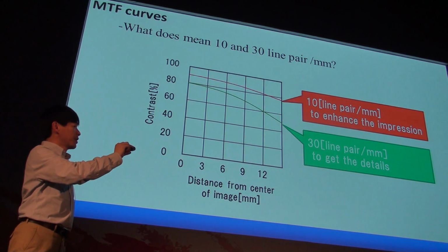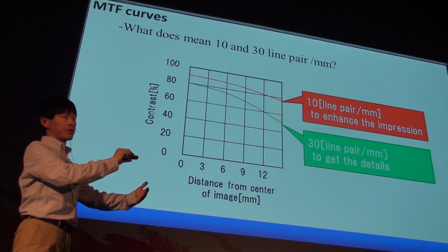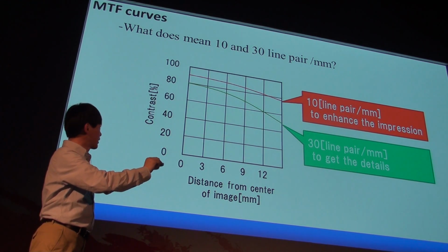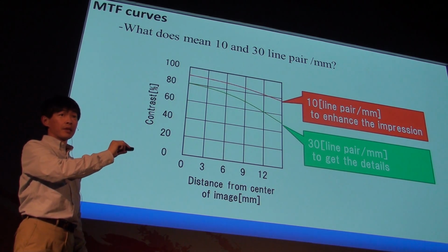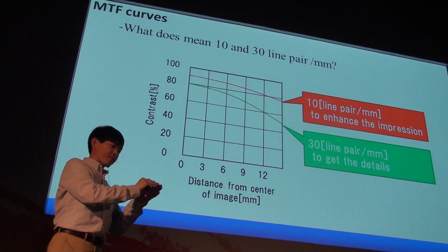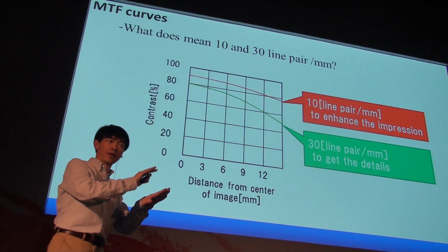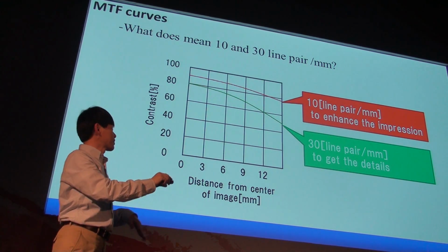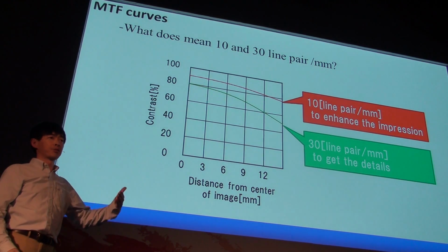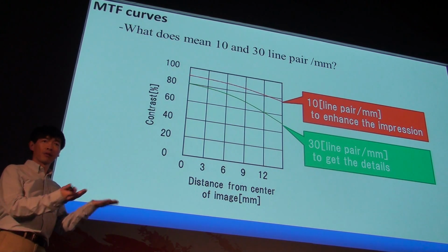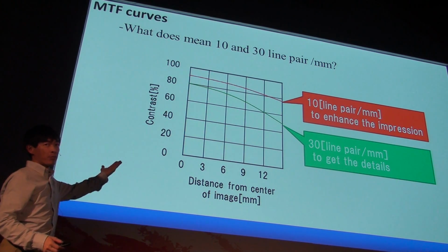In that case, 10 lines per millimeter is good to enhance the impression. But 30 lines per millimeter is to get the details. First of all, you will see the total, and after that the details of the image. So in that case, 30 lines per millimeter is very important. So we will show the MTF graph in the catalog or website to show the performance like this.